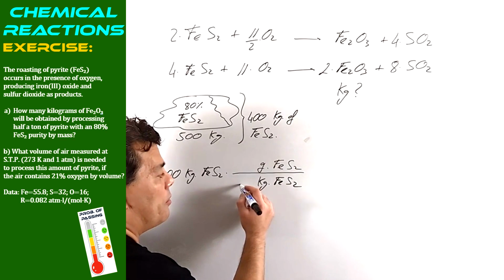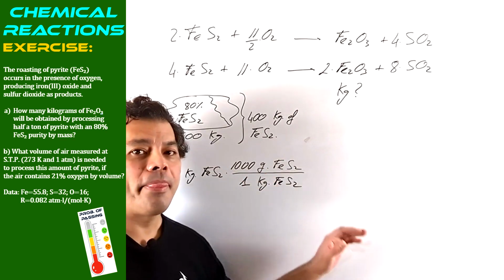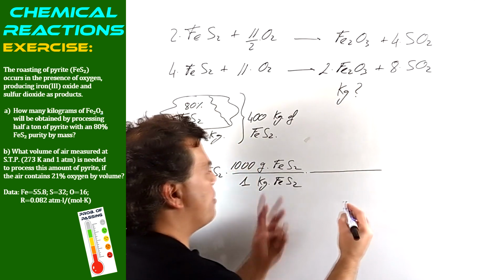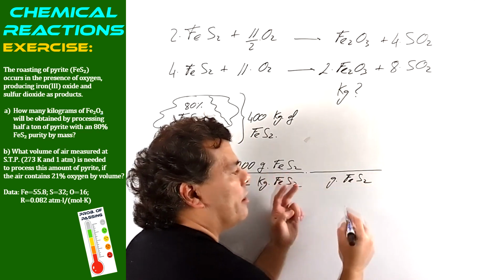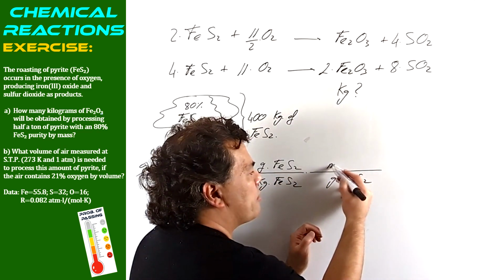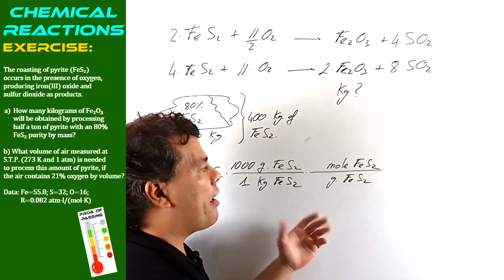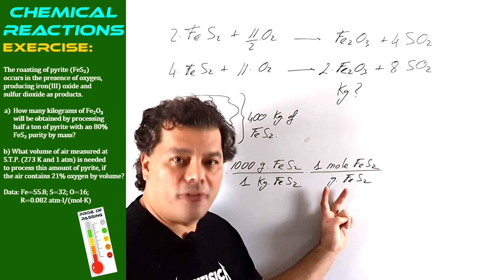And as you know, 1 kilogram is 1000 grams. The next conversion factor will help us to move from grams of this substance into moles of this substance, okay? And only with 1 mole we will have this conversion factor done.